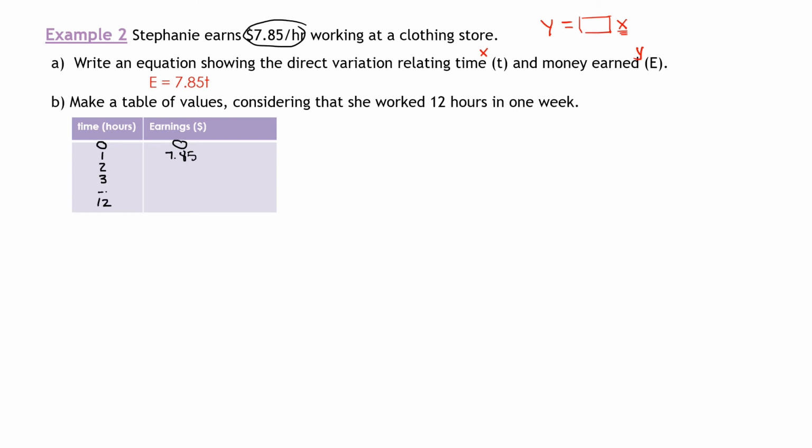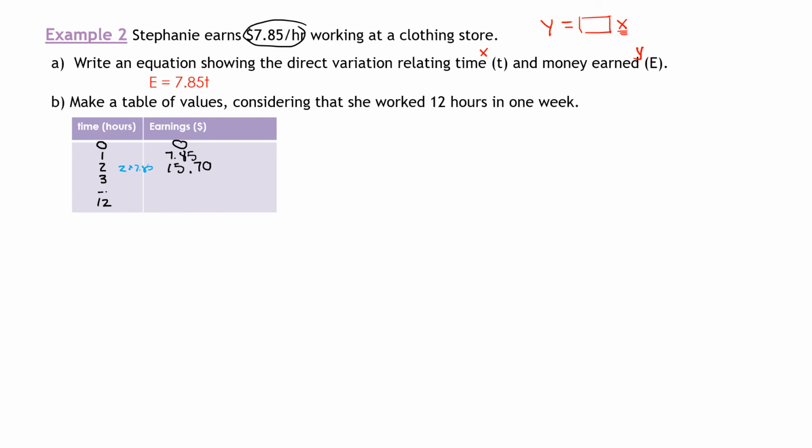So that's going to be $15.70. Your calculator might just say 15.7, but with money we have to have 2 decimal places, and some people might think that means 7 cents, but it's 70 cents.